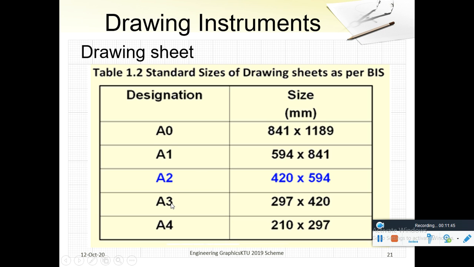A2 is the double size of A3. That is 420 comes here and 594 is double of 297. Similarly, A1 is double of this. Here 1 millimeter is added, 420 doubled is 841.